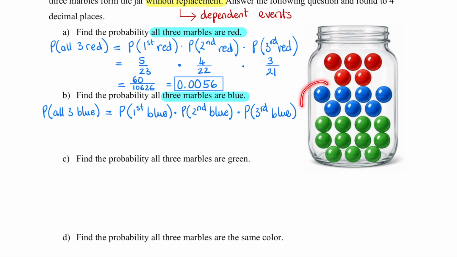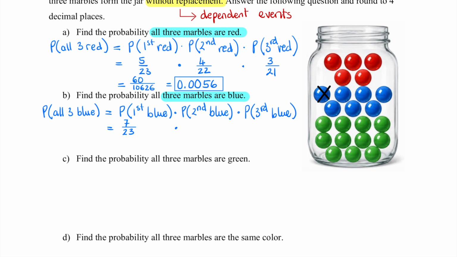There are 7 blue marbles out of 23 total marbles. So the probability that the first marble is blue is 7 out of 23. If the first marble was blue and not replaced, there are now 6 blue marbles remaining out of 22 total marbles.